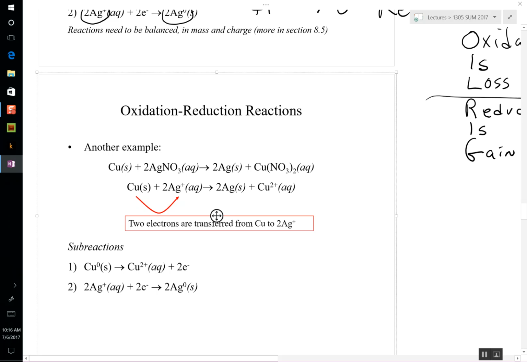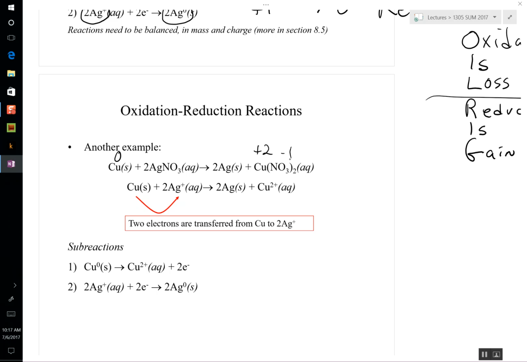All right, these are probably the hardest ones to identify, but just know that there's your copper. It's got a 0 here. It's got a +2. I've got 2 nitrates. So up to there, I've got a +2 here. That's copper metal, 0. 0 is going to +2.